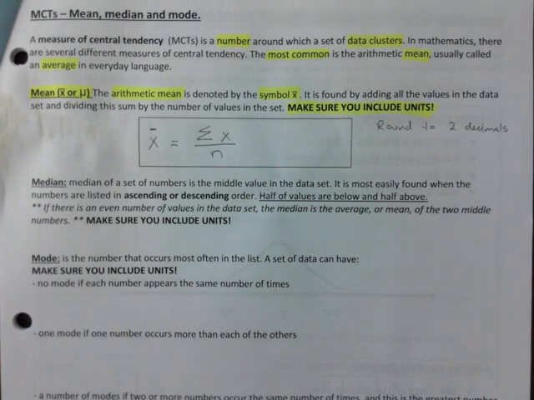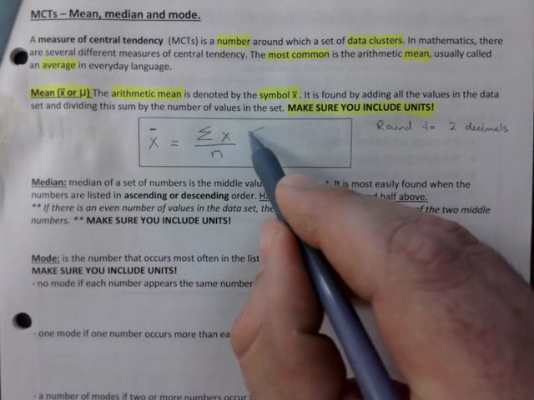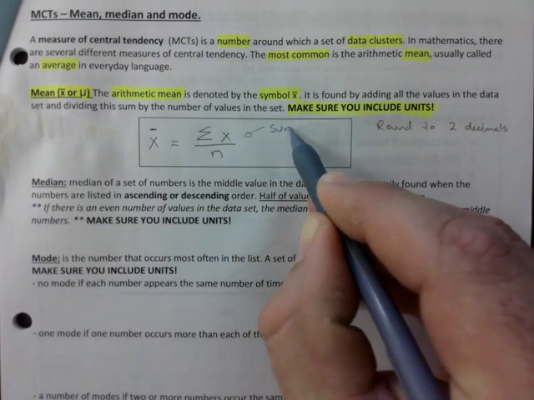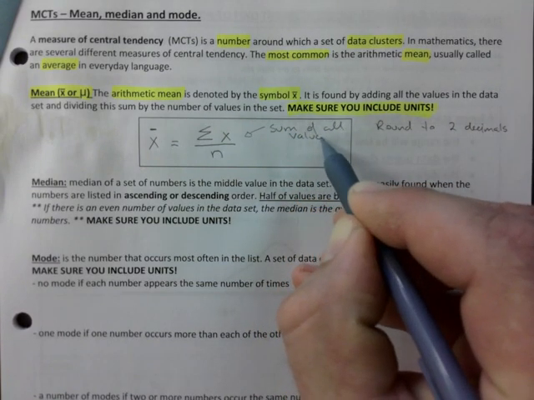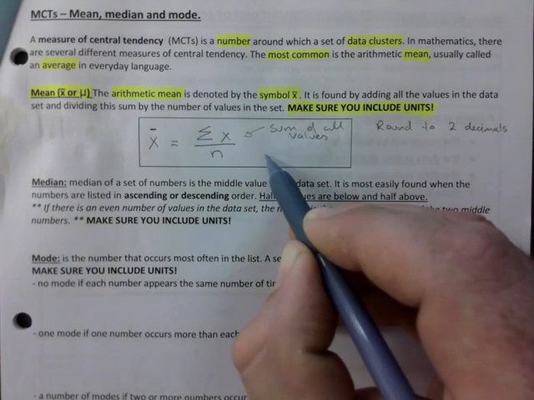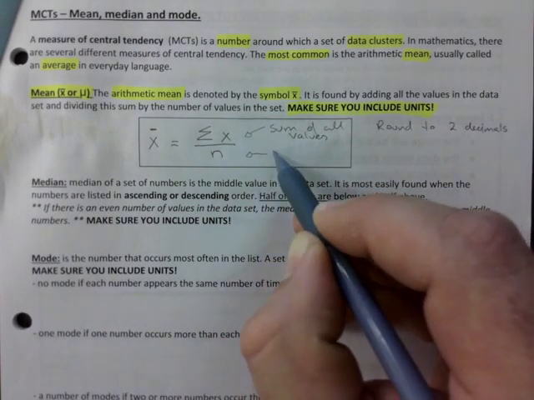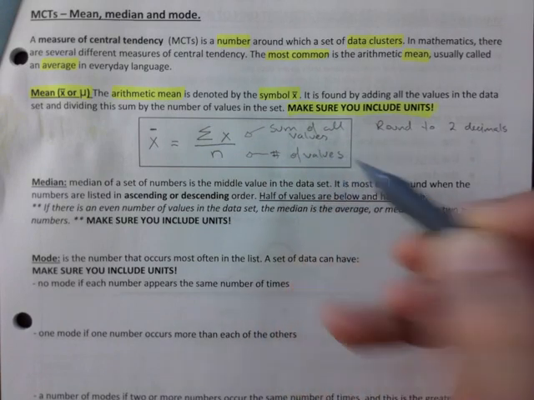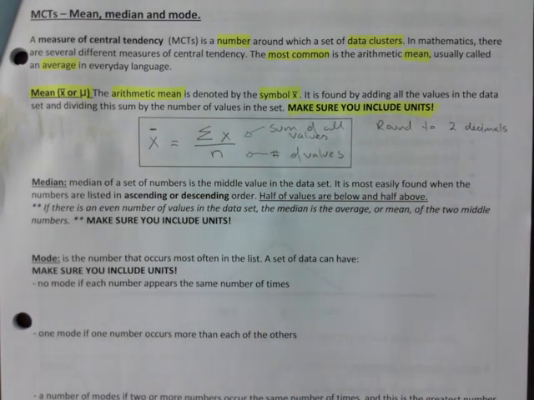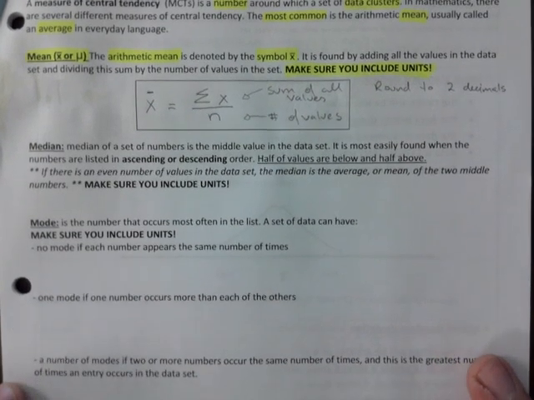But that's really where it's at, right? So this is just saying sum of all values and number of values. So there's your formula, your official formula, and we will refer to that from time to time.